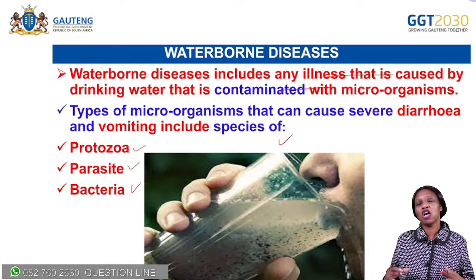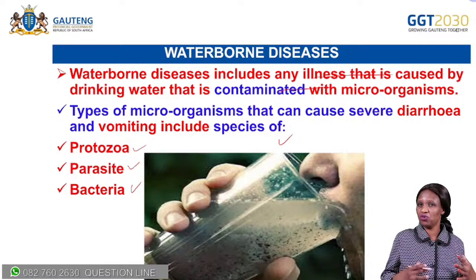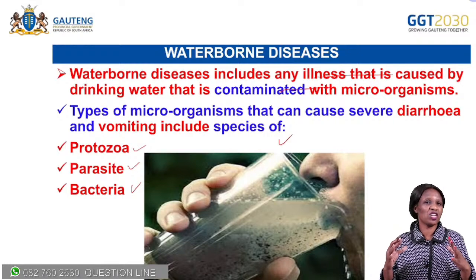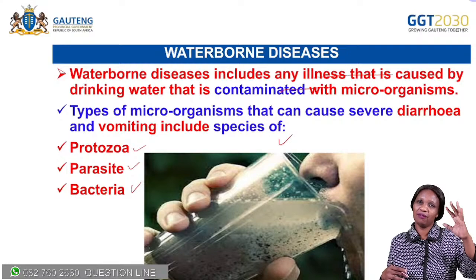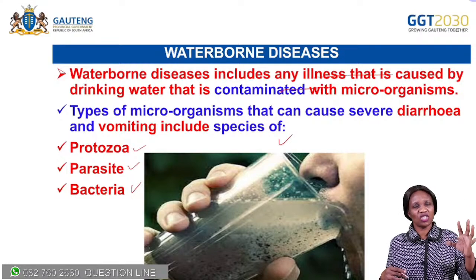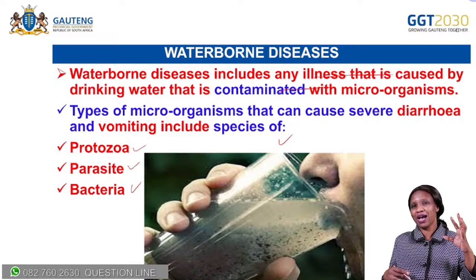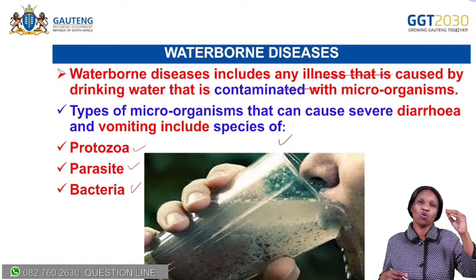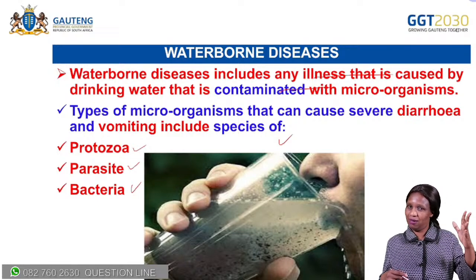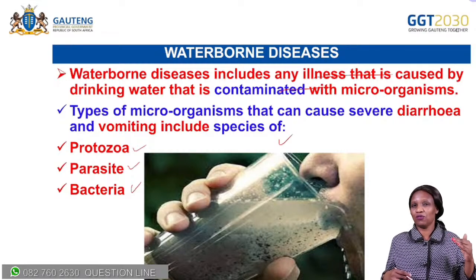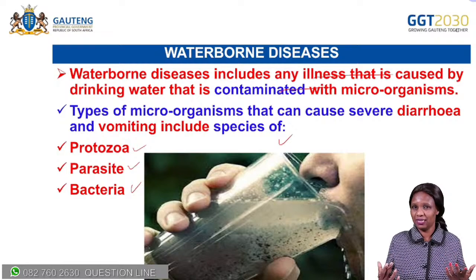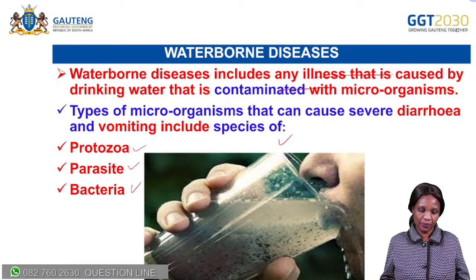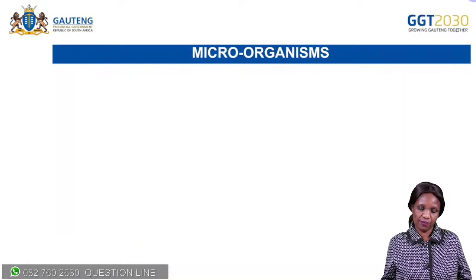At times, people drink water that is not purified. Water, for example, in a river, someone can drink water that is contaminated. Why? Because people might contaminate the water in one part of the river, and then when you drink that water, you will have different diseases. Okay, let's move on.